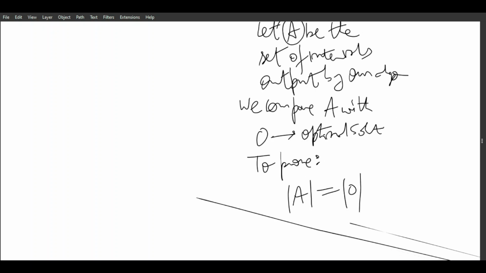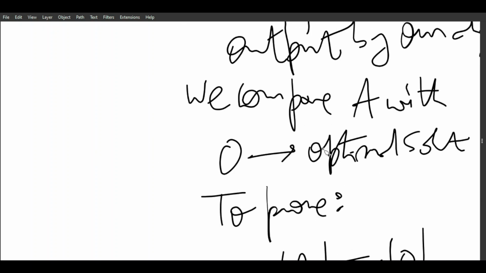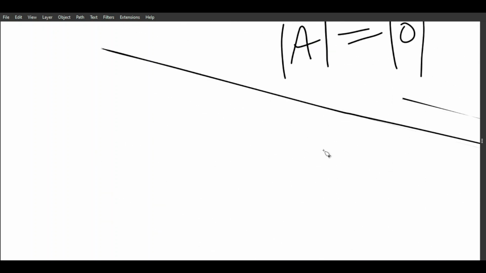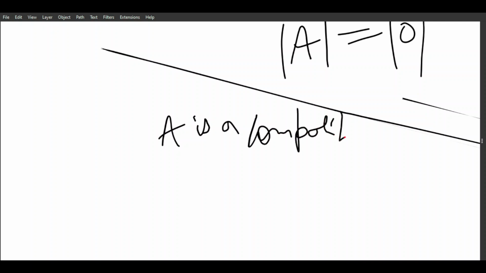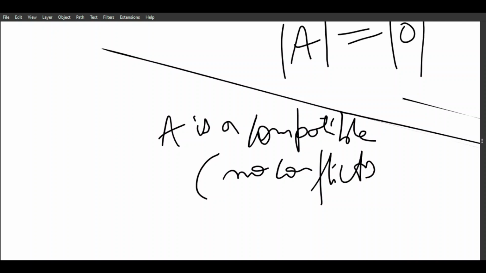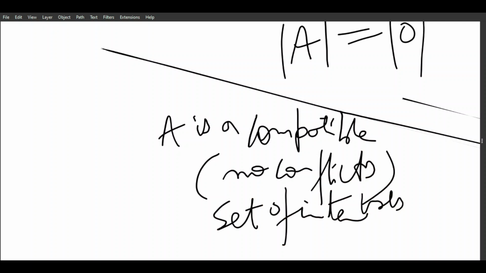So the first thing we observe is that A is a compatible set of requests, meaning no conflicts, and this is very easy to observe because we are choosing an interval with the smallest finish time and then removing all other intervals which are in conflict.